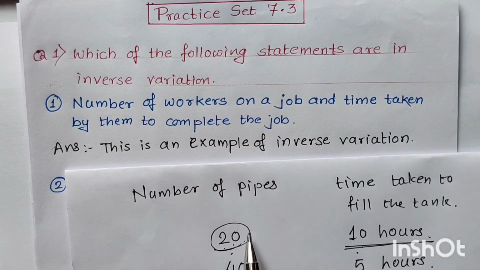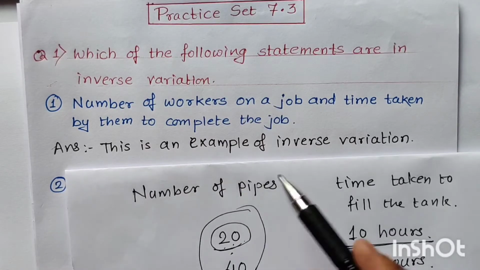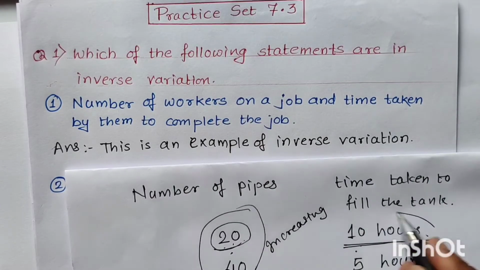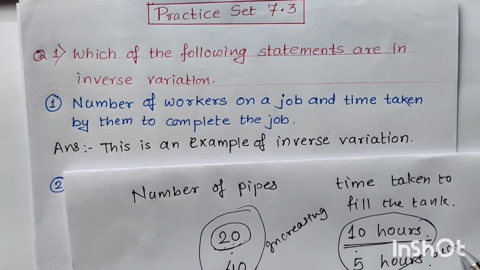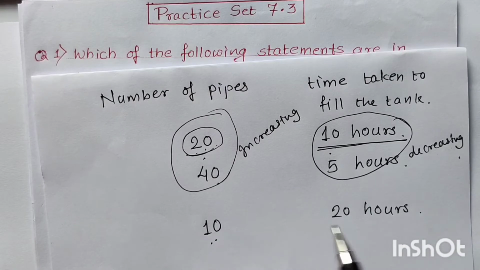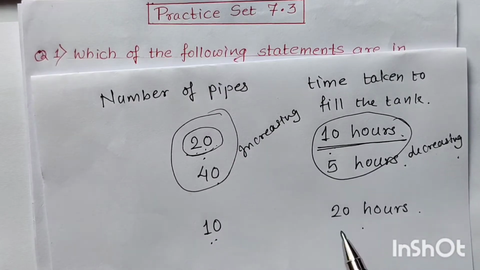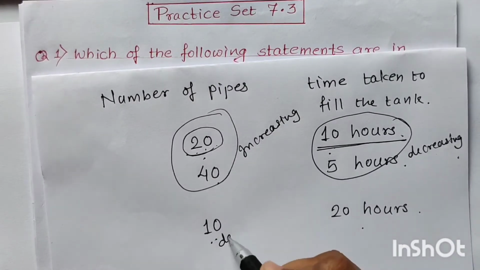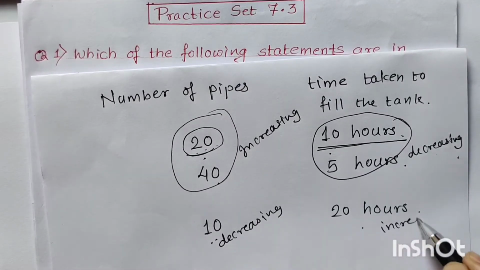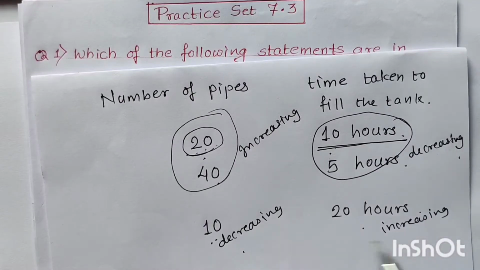So when the number of pipes are increasing, the time taken by them to fill the tank is decreasing. When one number is increasing, these numbers are decreasing. So it is opposite. I told you opposite means inverse proportion. And when the number of pipes are decreasing, we can see that the number of hours are increasing. So when one number is decreasing, the second number is increasing.